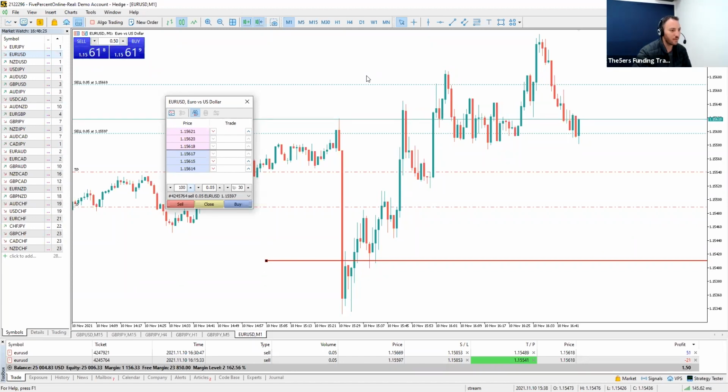Okay, guys, I think we'll wrap up here. How can we apply this concept to larger time frames? Same thing you can apply on larger time frames.